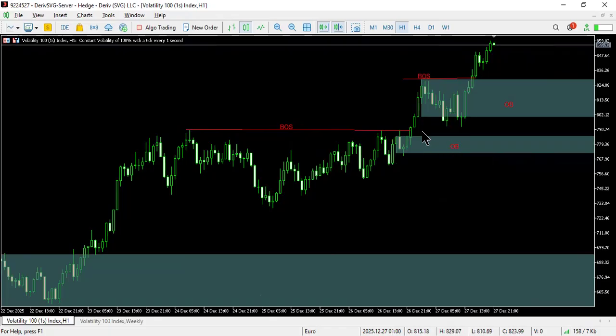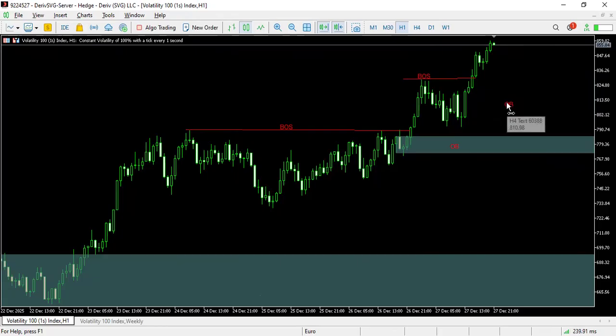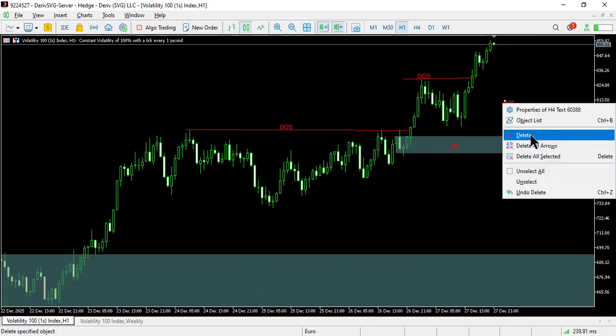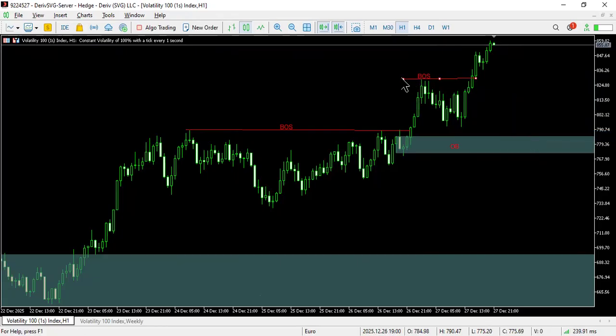And then I'm going to remove this order block because I'm seeing that as inducement or liquidity that price has to sweep to come and tap us into that order block. So I'm not going to be monitoring that order block because I'm seeing that as liquidity, because price moves by mitigating order blocks.